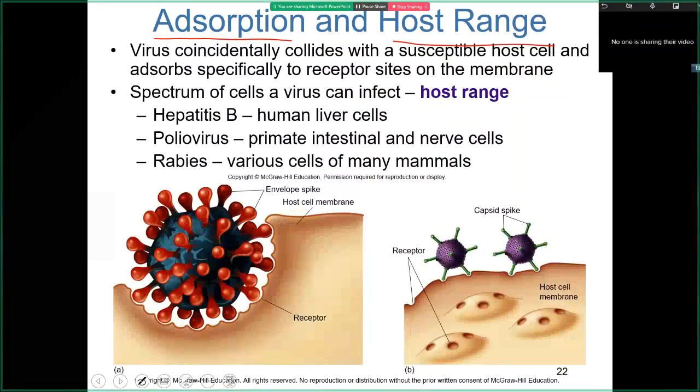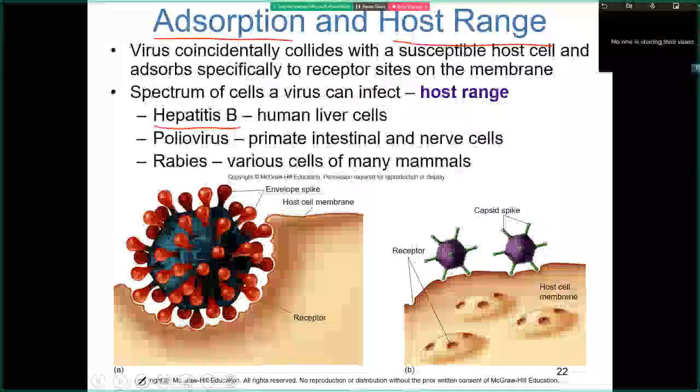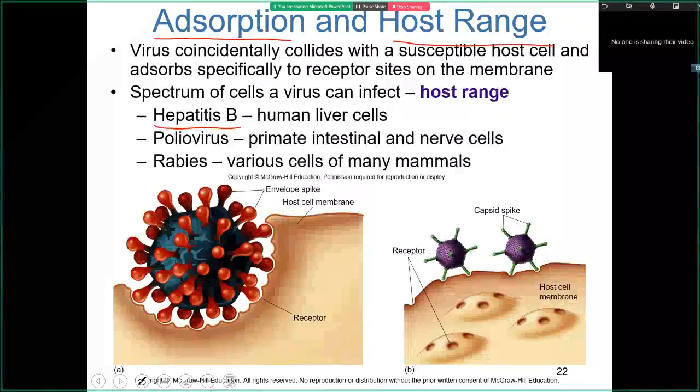So, for example, some of the hepatitis viruses that infect humans, hepatitis B in particular, one of those hepadnaviruses, a DNA type of virus. Their spikes are so special and so specific that they can only bind to human liver cells.